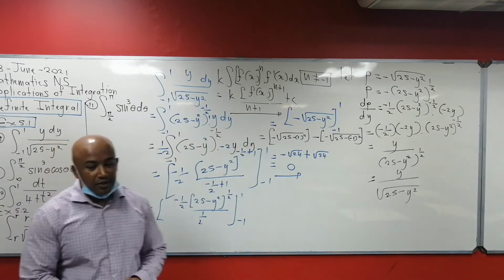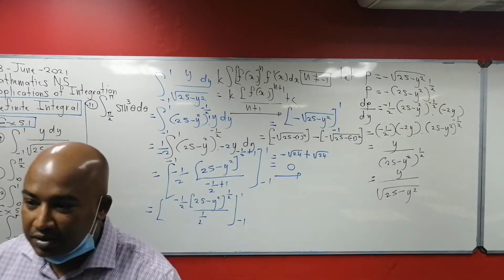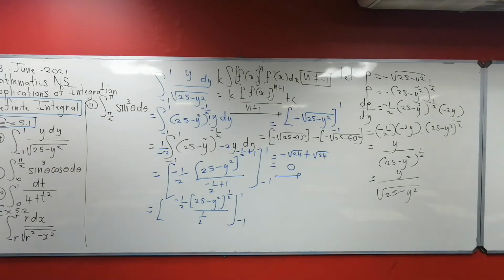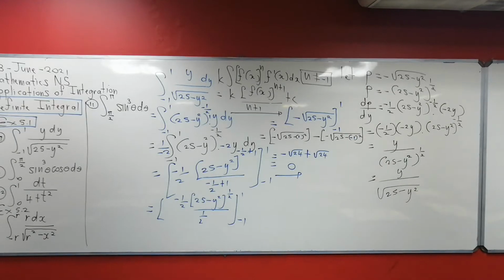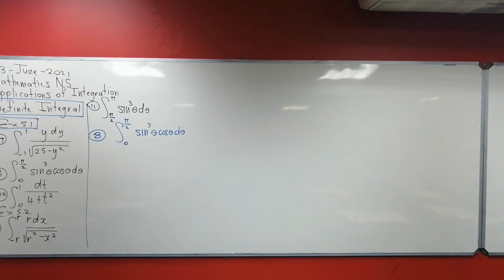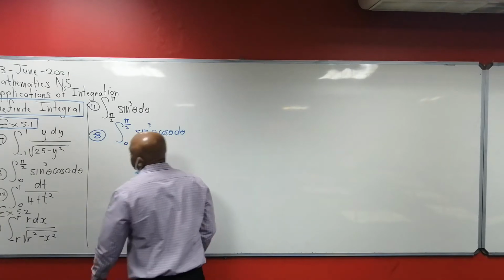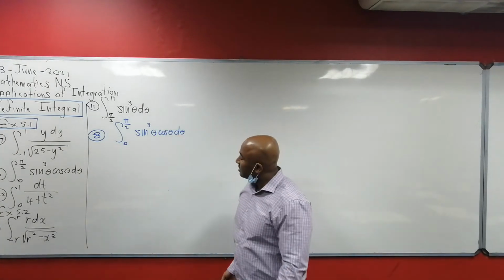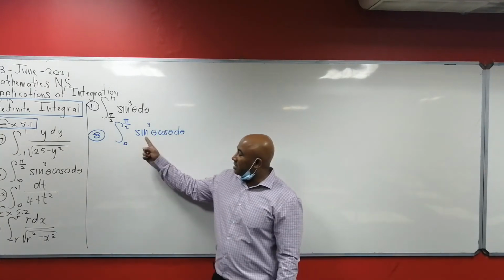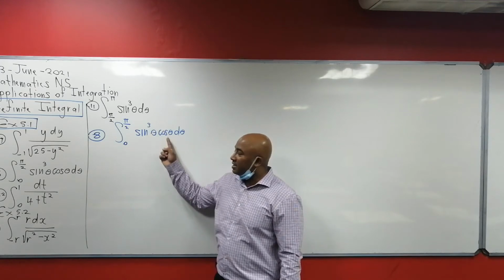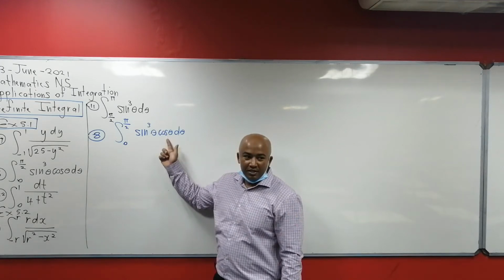Alright, so that was the first one. We're going to deal with the next one now. Alright, so our next example, we got sine to the power 3 times cos.